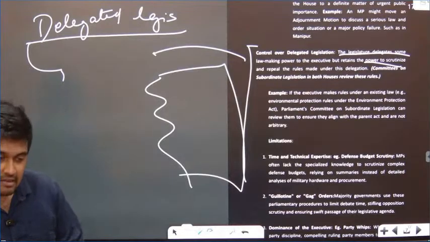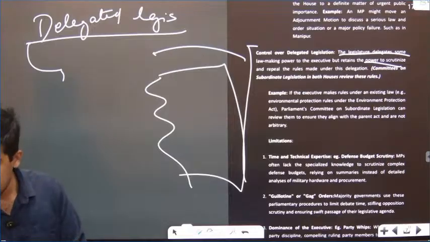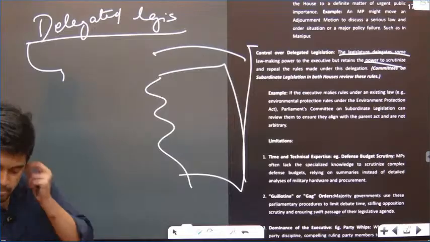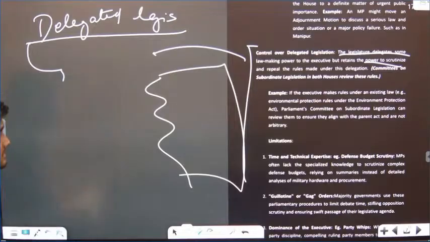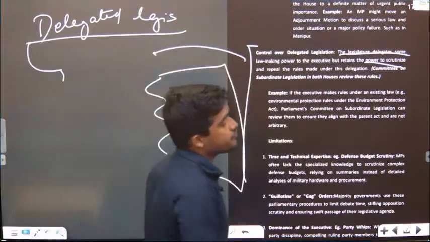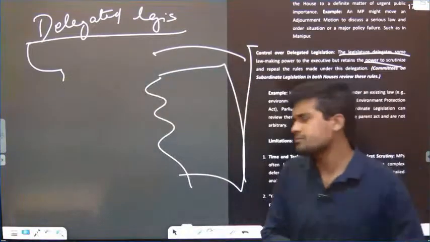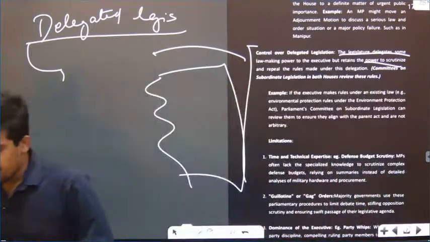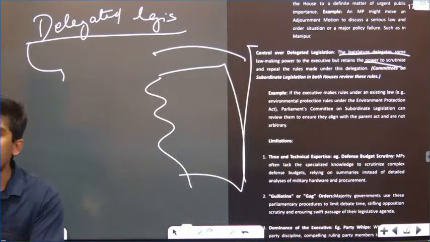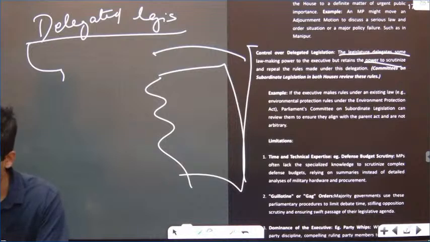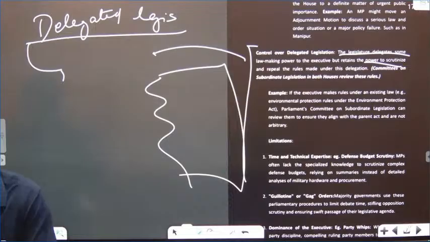It sees that any kind of power that has been given, delegated legislation has been given, whether the executive is acting properly on that legislative competence or not, whether those lawmaking power has been misused or not, that is also checked. Yes.